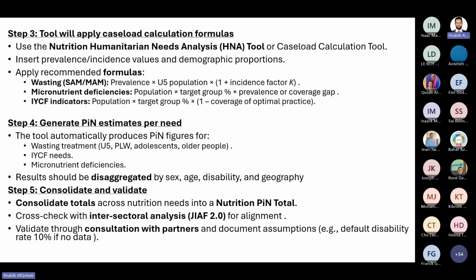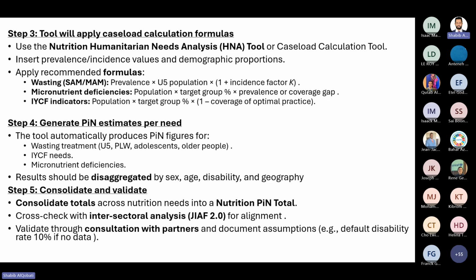If you go lower to admin 2 or admin 3, it will be better. It will also help you when you design your monitoring and evaluation tools, to see how coverage reaches the target against the people in need in this area.